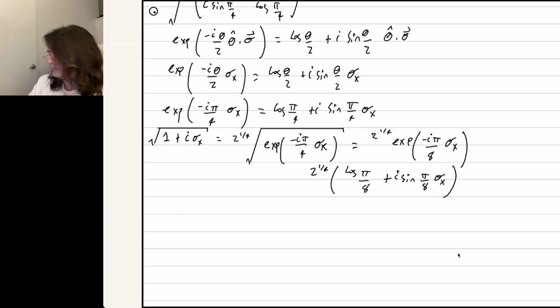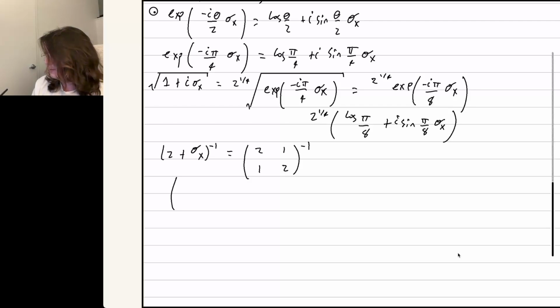The next one is the inverse of 2 times the identity matrix plus sigma x. So putting that in matrix form, you're looking at the inverse of 2, 1, 1, 2. I'm going to find the inverse by doing row operations.